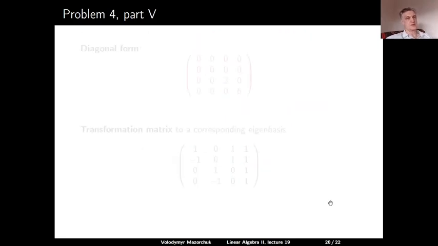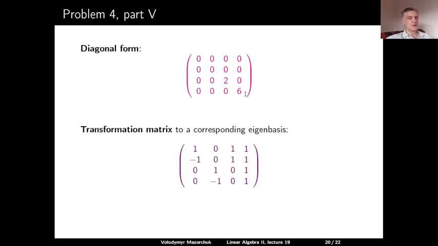And now we can just write down the answer. The diagonal form of our matrix is a diagonal matrix, where on the diagonal we write the eigenvalues, each with its algebraic multiplicity. So we have the diagonal matrix with 0, 0, 2, and 6 on the main diagonal. And the transformation matrix to the corresponding eigenbases consists of the corresponding eigenvectors. So the first and the second column consist of (1, -1, 0, 0) and (0, 0, 1, -1).